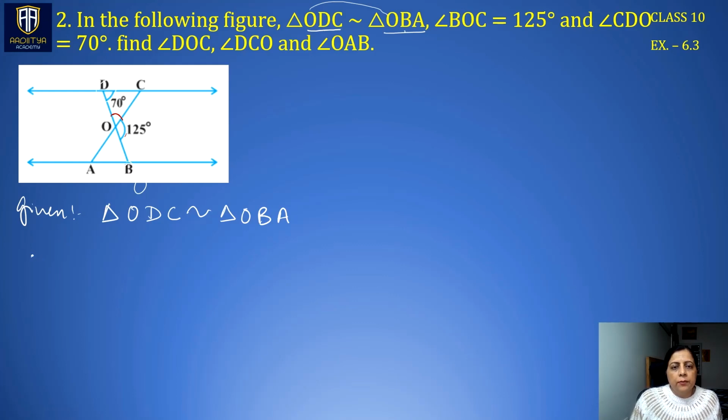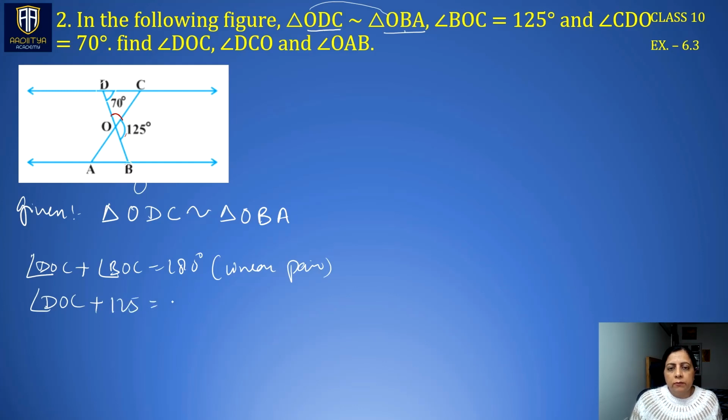See, angle DOC plus angle BOC is 180 degrees, linear pair, right? BOC is 125, so angle DOC becomes 180 degrees minus 125, which is 55 degrees.